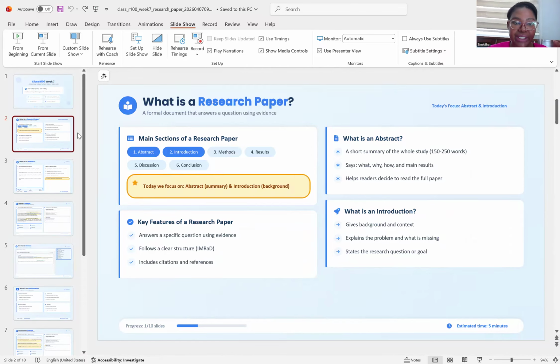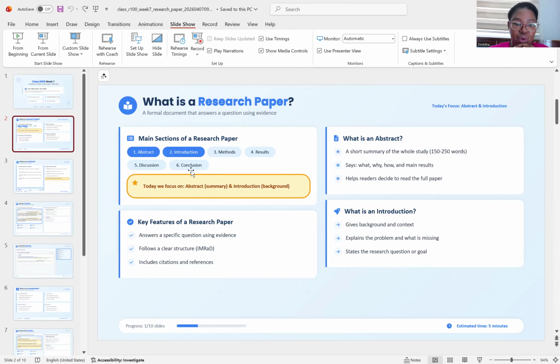Let's start off with what is a research paper. We said it's a formal document that answers a question using evidence. That question, we often call it a hypothesis. As we said, in a research paper there's an abstract, introduction, methods, results, discussions, and the conclusion.